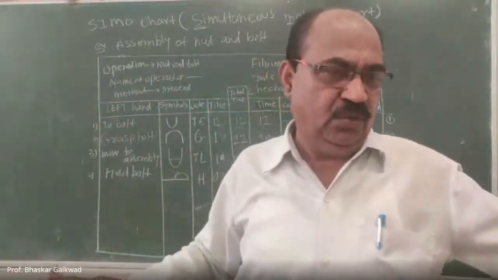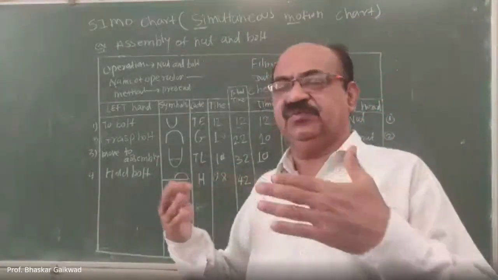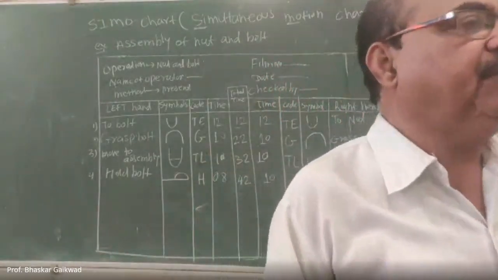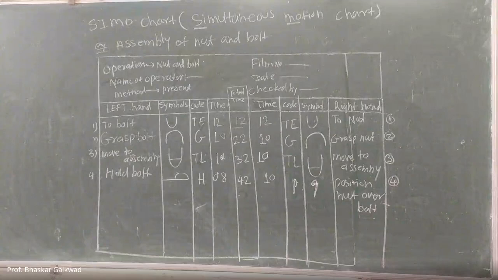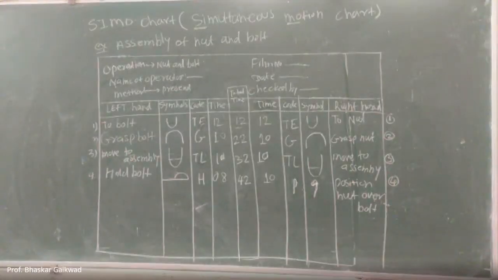So the whole day, if we are doing like this, after 8 hours the operators will get fatigue, and because of that fatigue, at the end of his duty he will feel restless.